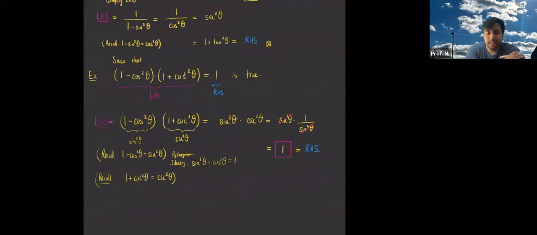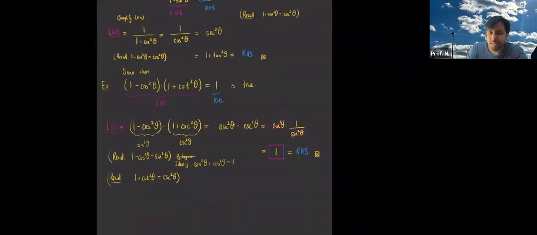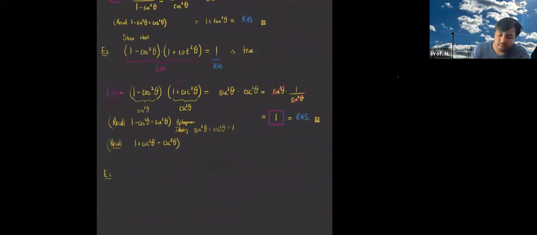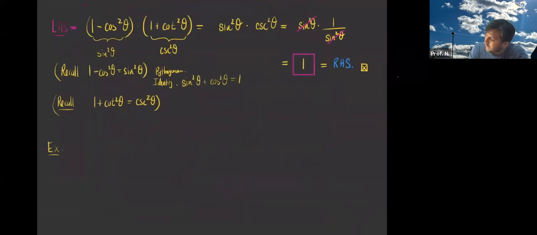So the left-hand side equals the right-hand side, and I'm done. I finished. So that's the idea. The idea is to show the left-hand side equals the right-hand side. And I'll do 2 more of these, and then we can move on to the next thing.